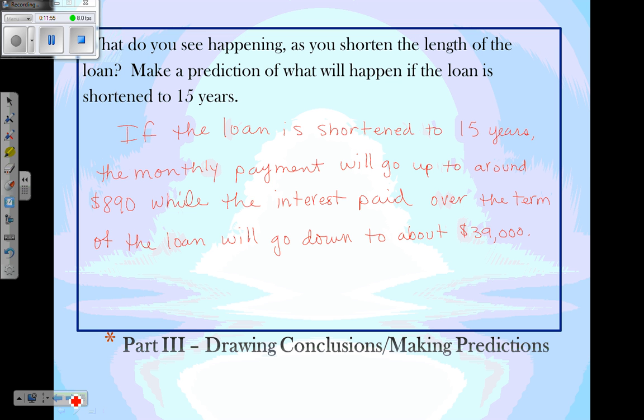Well, that's a big difference. And you started off paying $85,273 to the bank for this loan, and now it's gone down to less than half of that if you drop the years of the loan from 30 to 15.